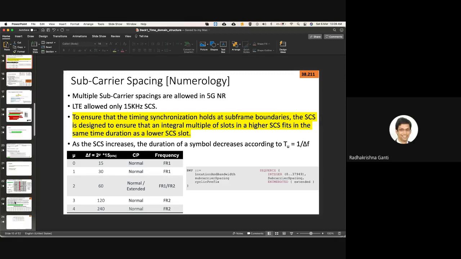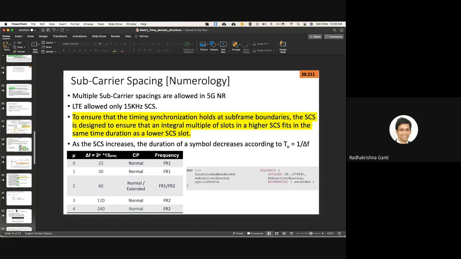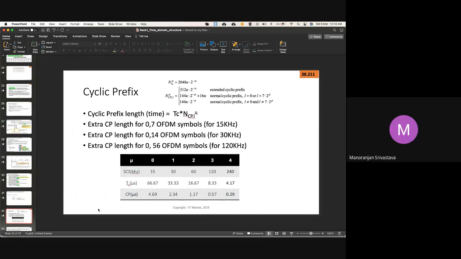Okay, so I think I will explain that using this slide. Just 1 minute. Okay. See, your cyclic prefix is a waste of resources.